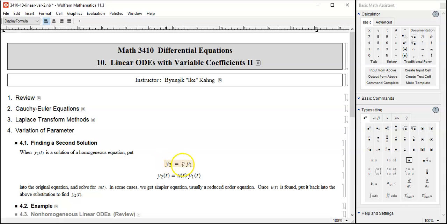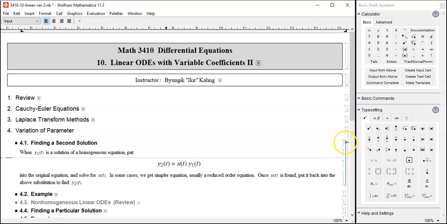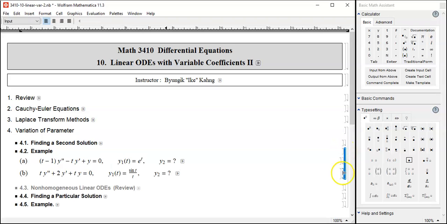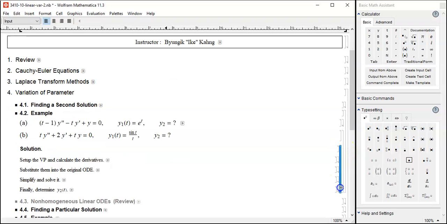From here, you can change this C into a parameter and then take the derivative using the product rule and so on, and do your computation and simplify. You're going to get a reduced equation. What am I talking about? Here's a concrete example.